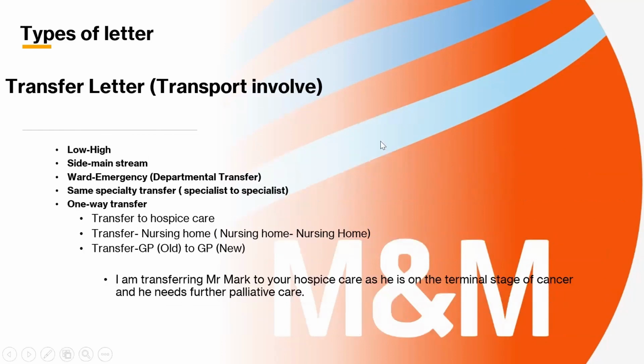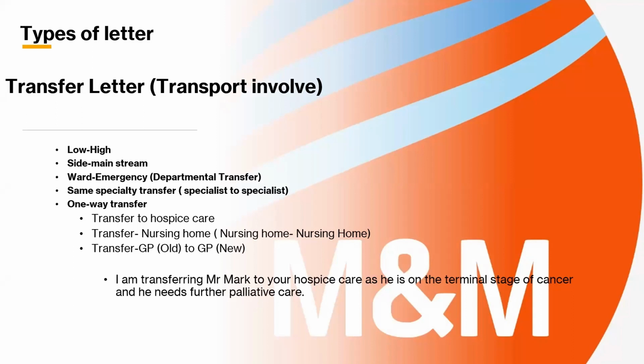So we have discussed the transfer to hospice care, and we also discussed the transfer to the nursing home, which is the same as when we are transferring the patient to a new nursing home, right?